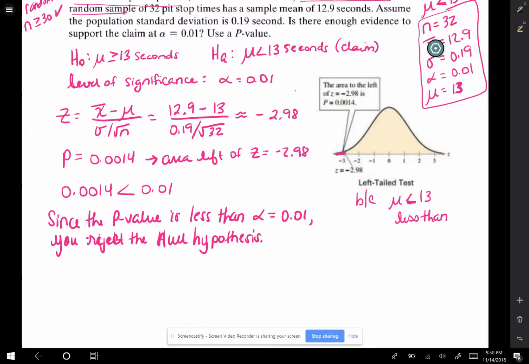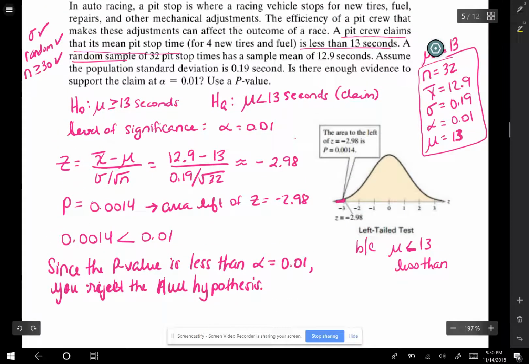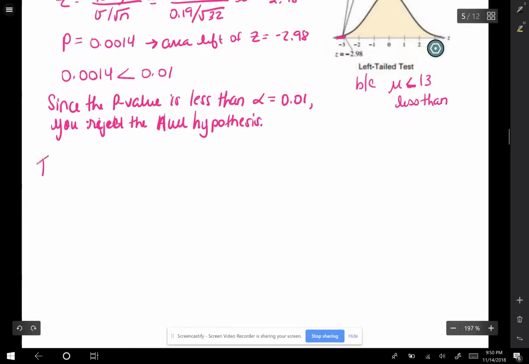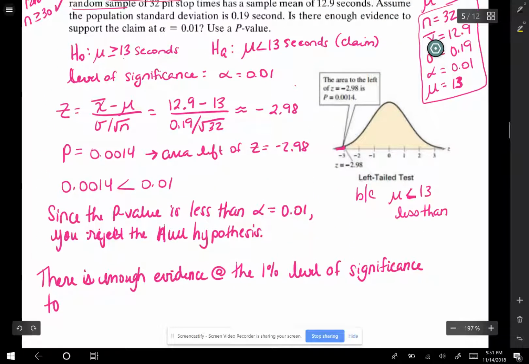So what does that mean in the context of this problem? The null hypothesis was that the mean time is greater than or equal to 13. We're rejecting that. So we're going to say there is enough evidence at the 1% level of significance to support, since we're rejecting this one, the other one.